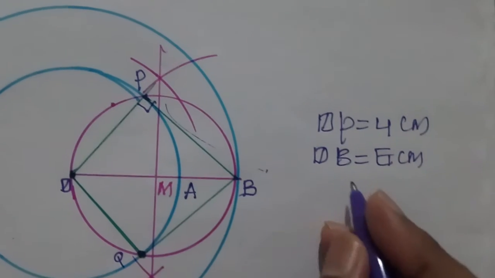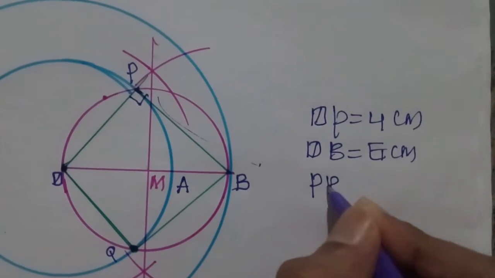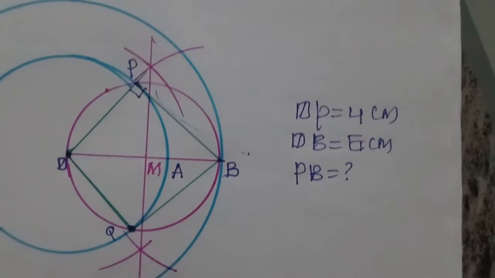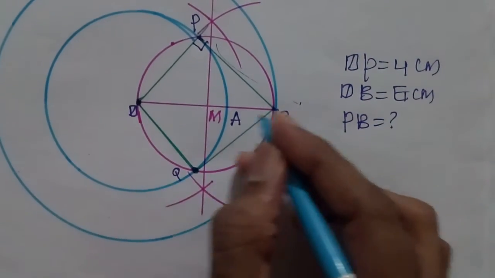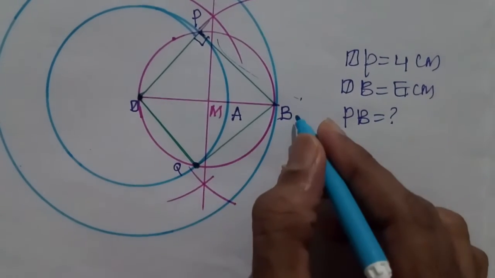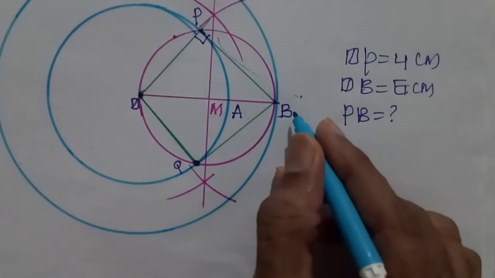We should find the length PB. This is 4 cm, this is 6 cm, and we should find PB.